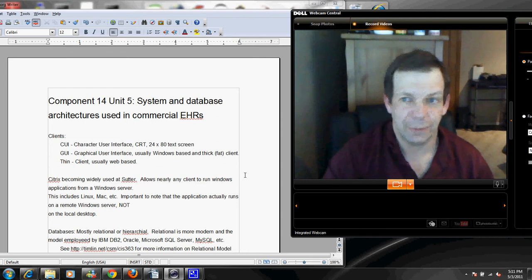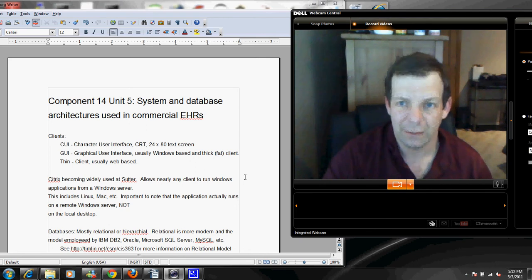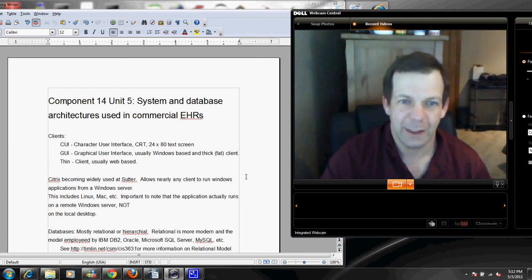And if that desktop, which could be a laptop, gets stolen, you have serious exposure there. So in general, the fat client, the GUI, the desktop is not liked by anyone, least of all the hospital. So we're getting rid of them.